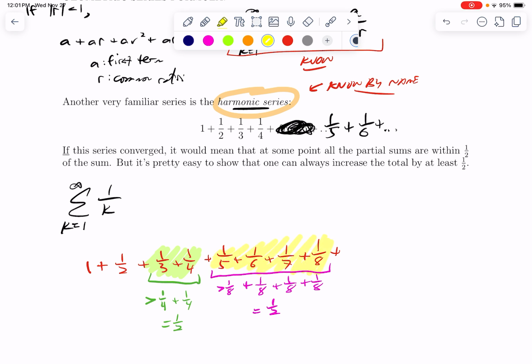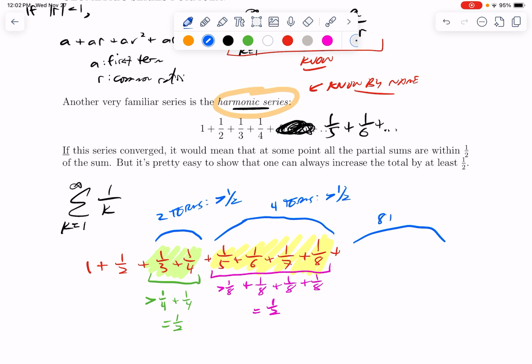And I can keep doing that. If I add together these 2 terms, the total is more than 1/2. And then if I add together the next 4 terms, that's bigger than 1/2. The next 8 terms, up through 16, that's bigger than 1/2, and it would keep going forever.